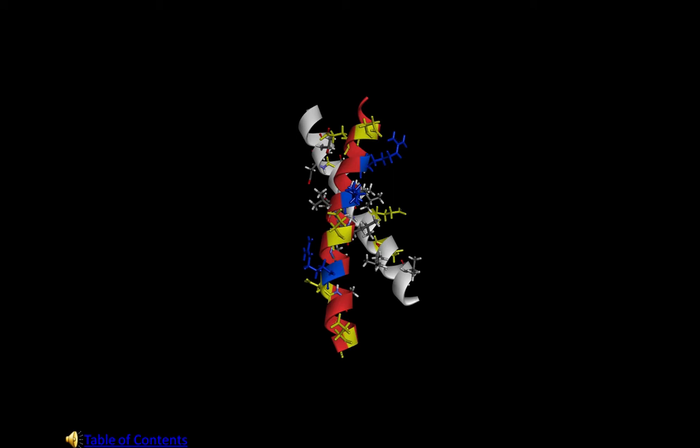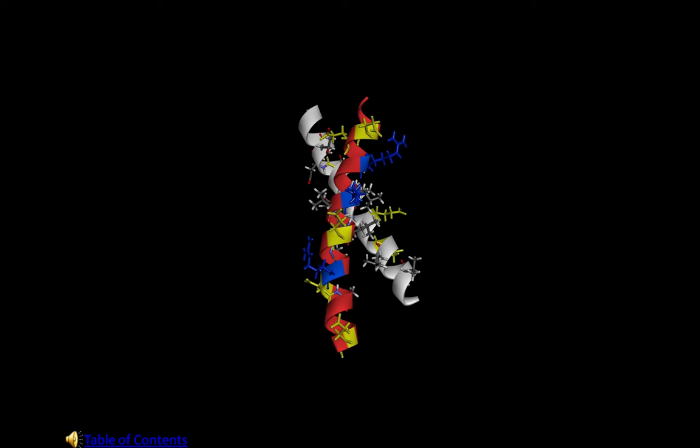The basic residues, arginine and lysine, are blue. The atoms of the large hydrophobic residues, leucine, isoleucine, valine, and phenylalanine, are displayed but not specially colored. That is, they are allowed to remain colored by atom, with hydrogen atoms white, carbon atoms gray, oxygen red, etc.